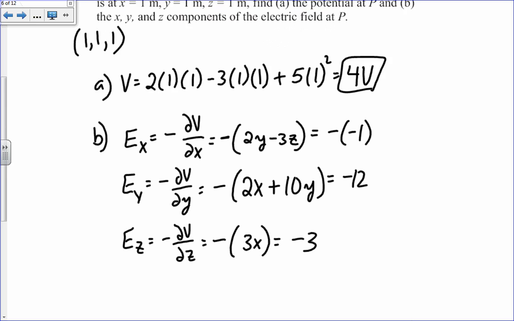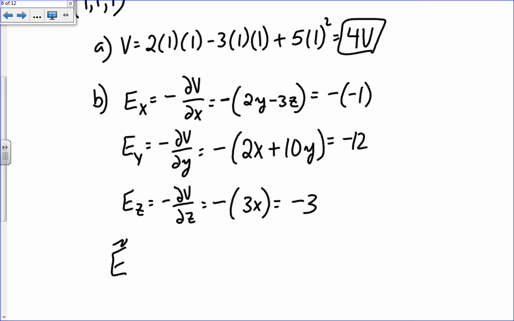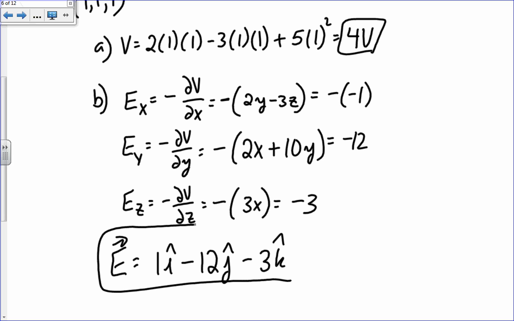And so in vector notation then, my electric field is going to be 1i minus 12j minus 3k. All right, and then I can take that and do all sorts of things with it, like I could calculate forces and accelerations like we've been doing. It's very useful if you can find the electric field from the potential function, just the partial derivative.